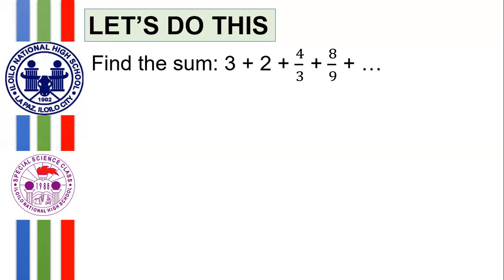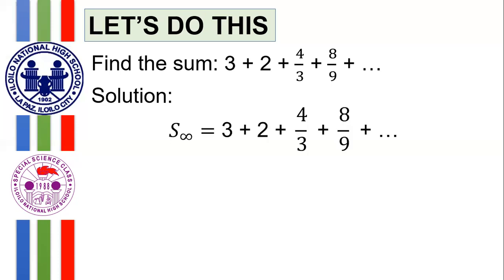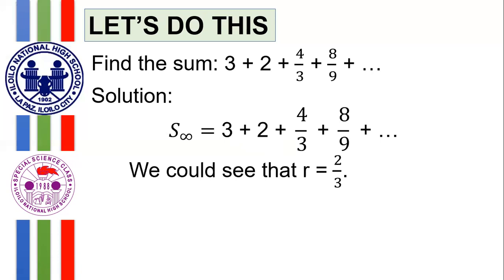Now, let's find the sum of this. We don't know the exact value, so for the meantime, let its value be S sub infinity equals 3 plus 2 plus 4/3 plus 8/9 plus dot dot dot. You could see that the common ratio here is 2/3.